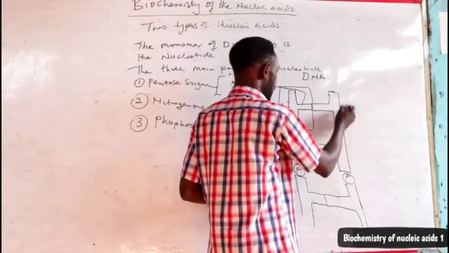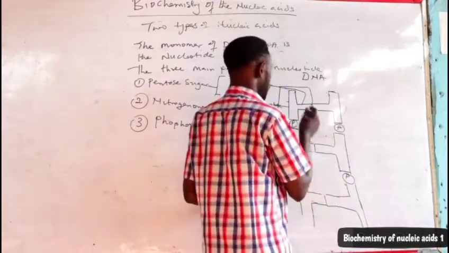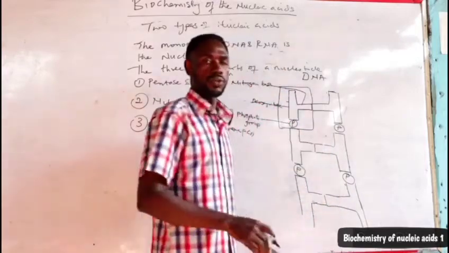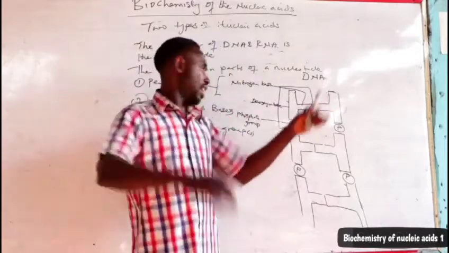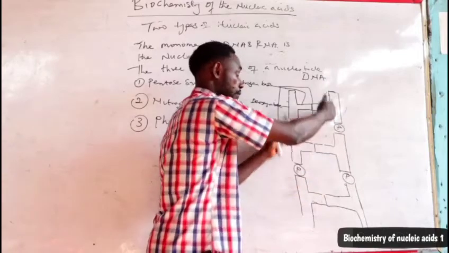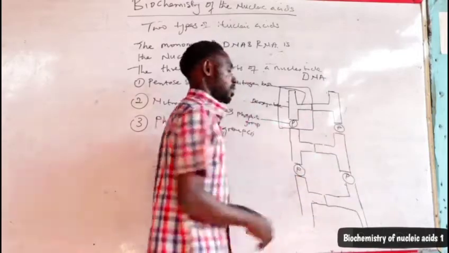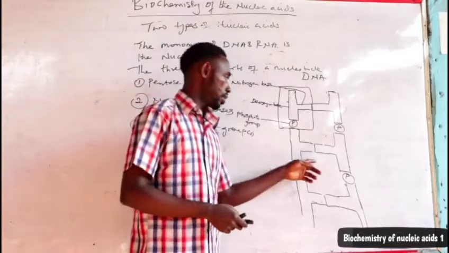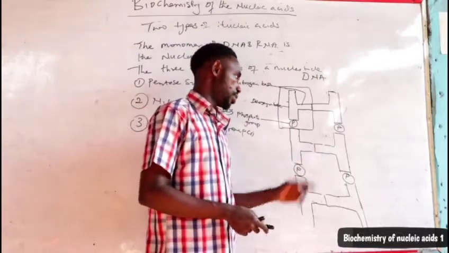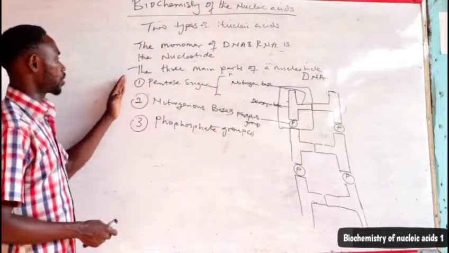That means phosphate and a sugar. Then the interior, the inside, is made up of the nitrogenous bases. So in DNA, the external frame is made up of the phosphate group and the pentose sugar, whereas the cross lines are made up of the bases.